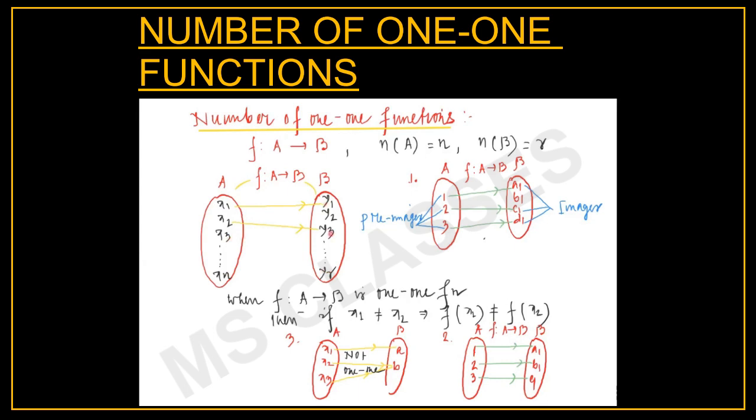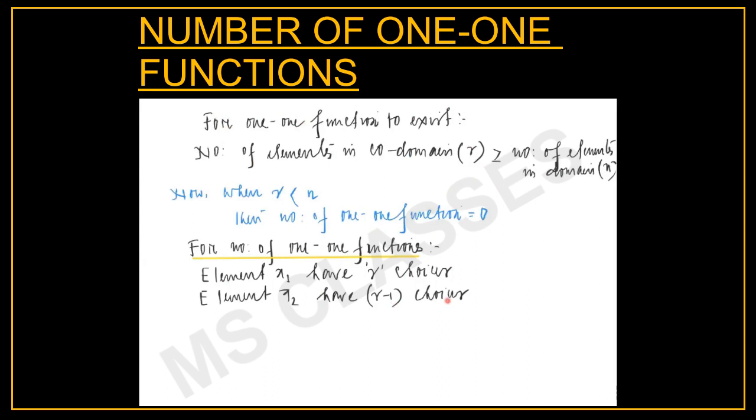So element x2 has R minus 1 options. Now element x3 has R minus 2 choices, and so on. Element x1 has R choices, which I can write as R minus 1 plus 1 choices.